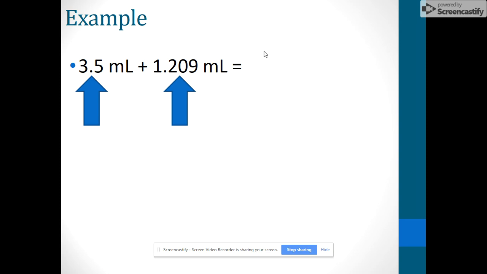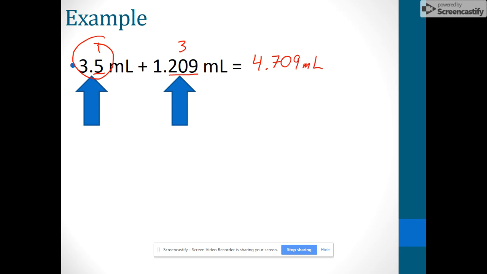Do one more example, 3.5 milliliters plus 1.209 milliliters. We count the numbers after the decimal. Here we have one number, and here we have 3. So we're going to focus with our 3.5 since it has the fewest digits. 3.5 plus 1.209, that is going to give us 4.709 milliliters.